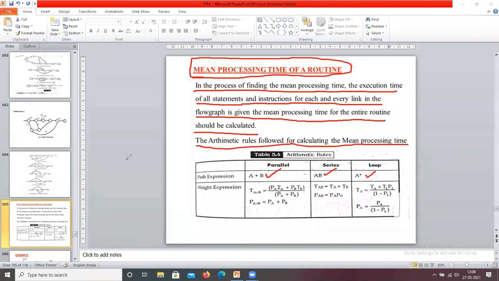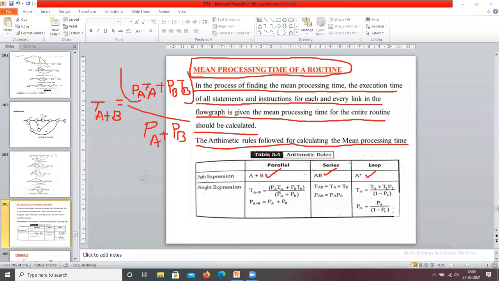Okay, the weight expression for parallel links. What is the time? T a plus b equals probability of a and ta plus probability of b and tb, and this is divided by probability of a plus probability of b.